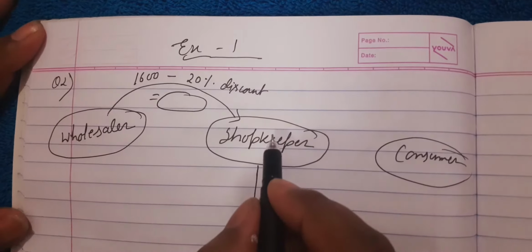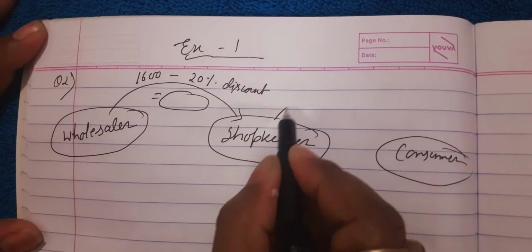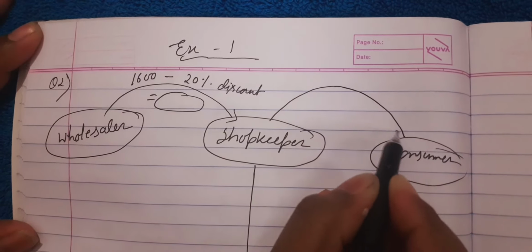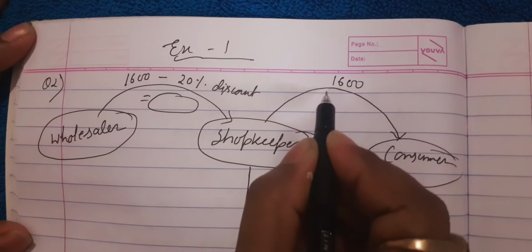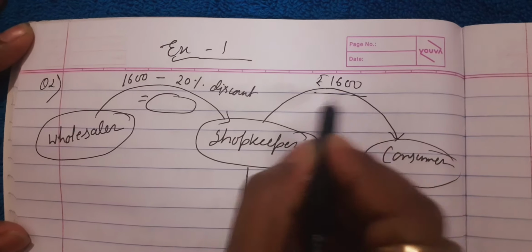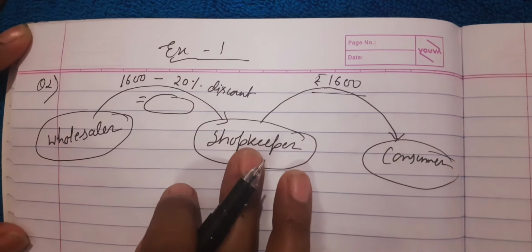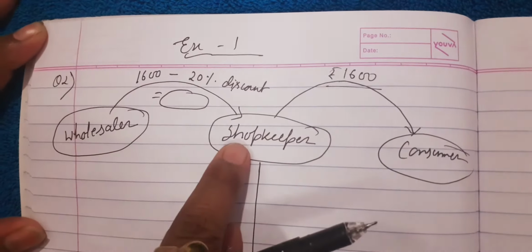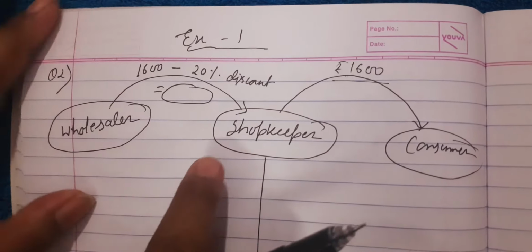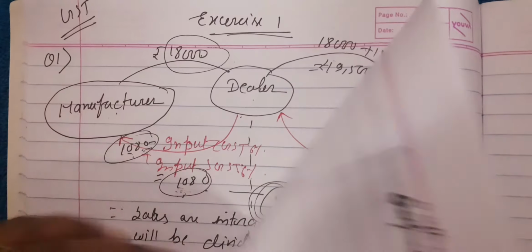Okay, and then shopkeeper sells his camera to the consumer at the list price or the printed price, means at the cost of 1600. In first question, you must remember there was no change, no solution part here. I will show you that thing also.